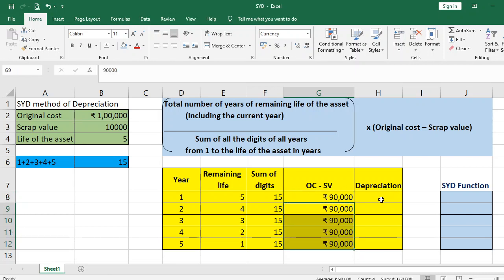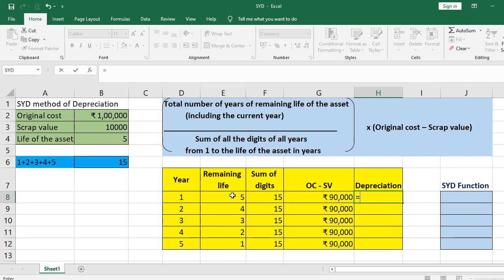Now let us find out the amount of depreciation by using this formula. So remaining life, namely this cell E8, divided by sum of all the digits, F8, multiplied by original cost minus scrap value, that is G8. So it is 30,000 rupees.